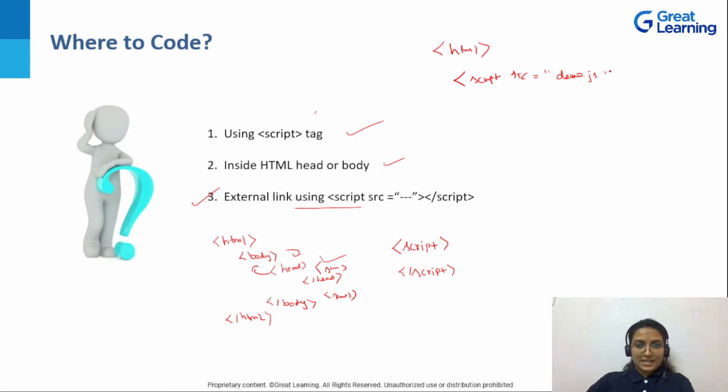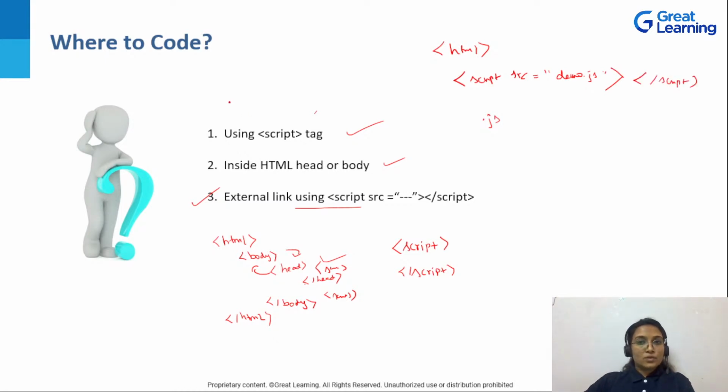So demo.js, where .js is the extension of any JavaScript file. You save it as demo.js, sample.js, something like that. You put this and close the tag, don't forget, and then you have to end the script.